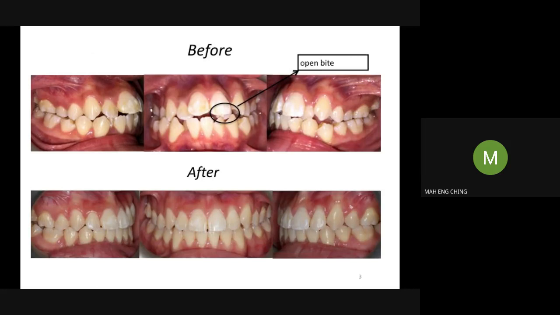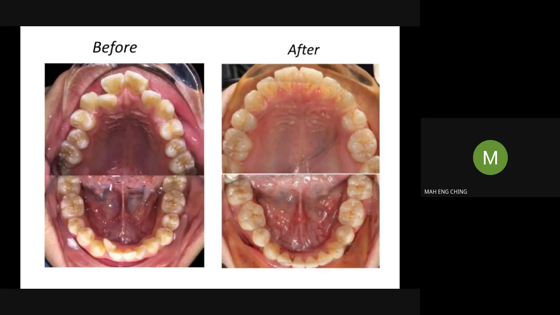How we create the space is by extraction. So when it comes to severe or moderate crowding, we need the space to correct the crossbite. Then we do extractions. So in this case, we extract the premolar to gain the space for the correction of the crossbite.